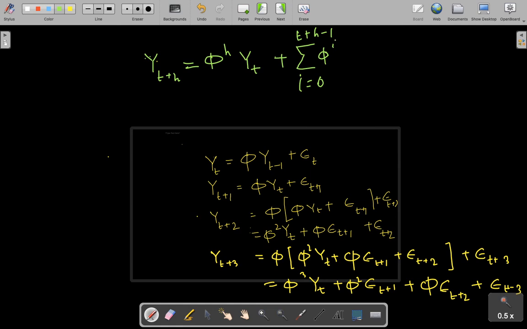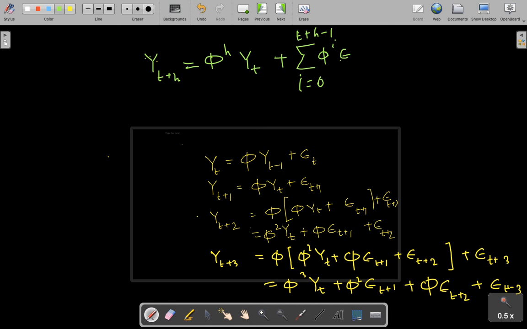So phi power i, and here my error term epsilon is going to assume values from, basically, the last term it is going to take, which is t plus h.